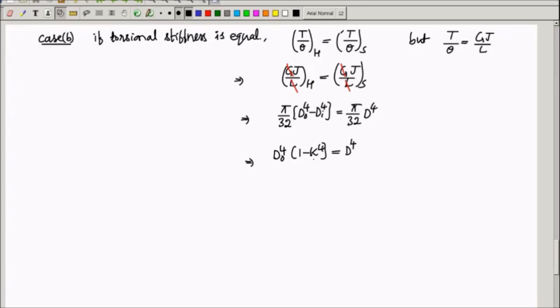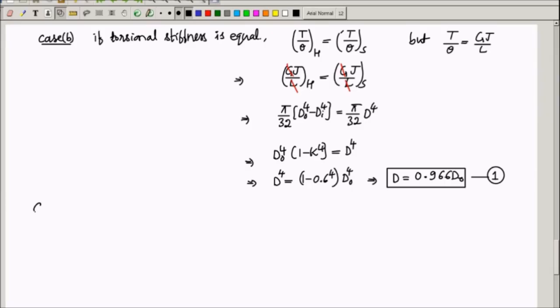You substitute k equal to 0.6 now. So this will give you d power 4 equal to 1 minus 0.6 power 4 into d naught power 4. If I simplify this, I will get a d value of 0.966 d naught.